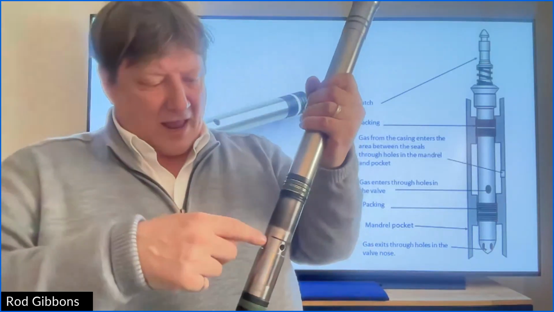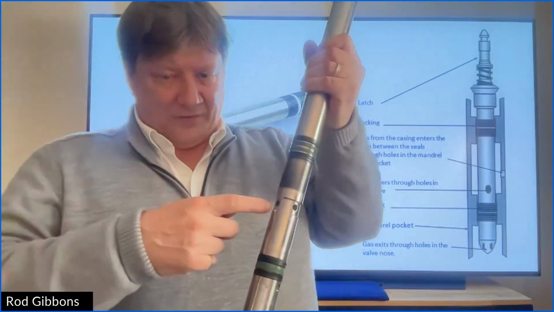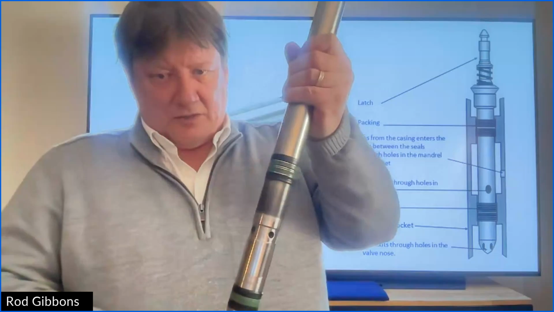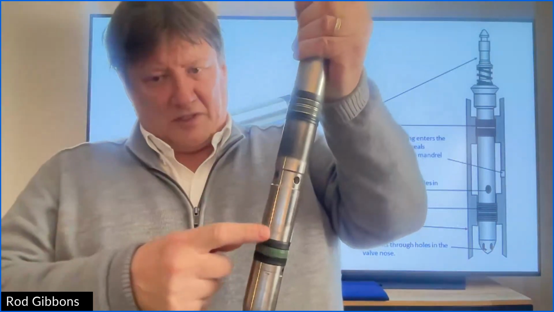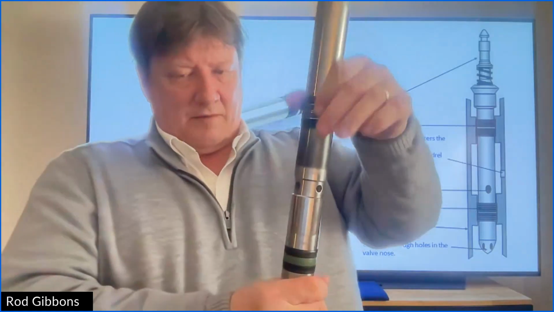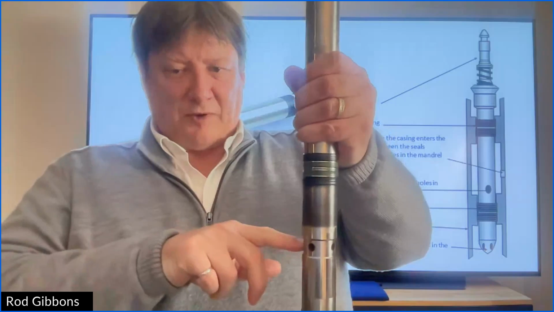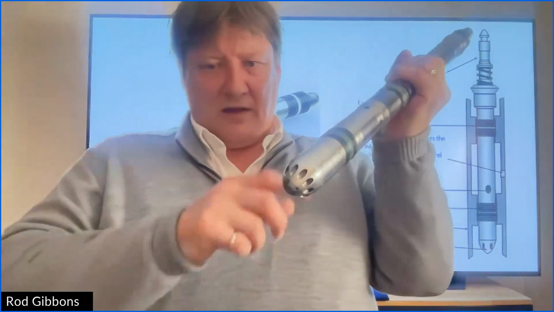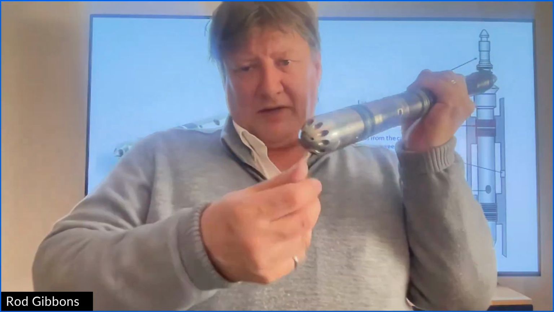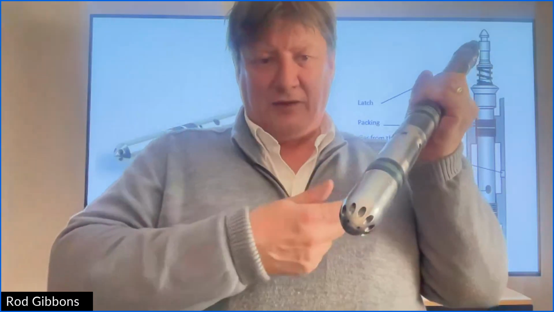That allows gas, when it comes in through the side pocket mandrel, to come into the valve. Then you have two seal stacks, an upper seal stack and a lower seal stack. That seals off in the mandrel to keep my gas where I want it. I want it to go through my valve. And then it comes out to these ports here and bubbles out through here into the tubing.